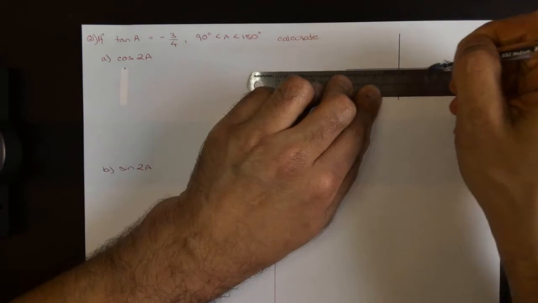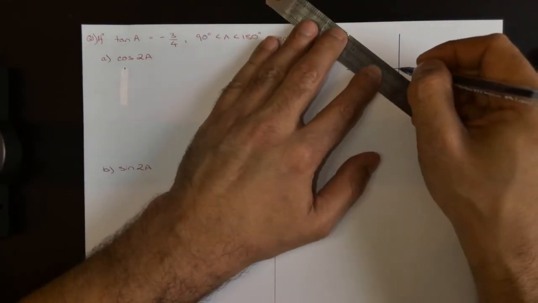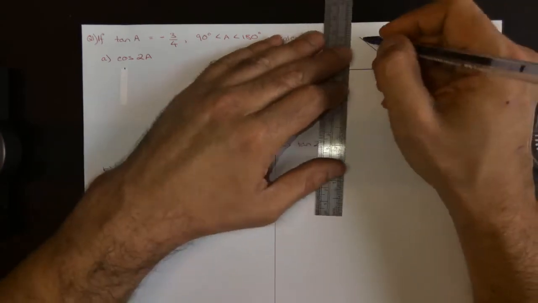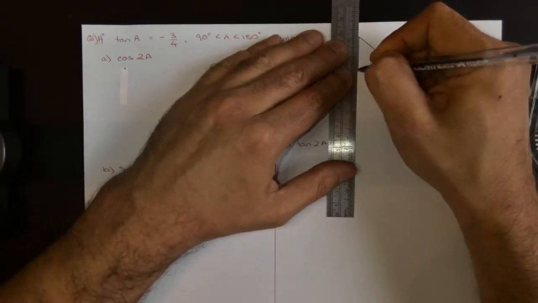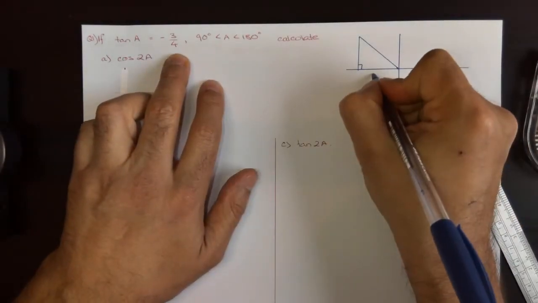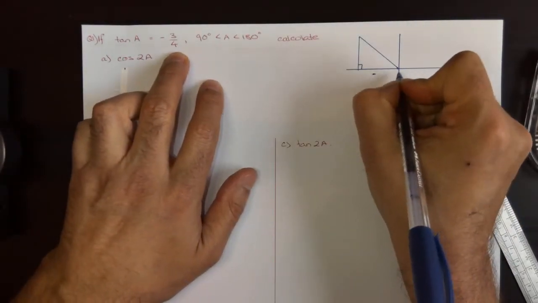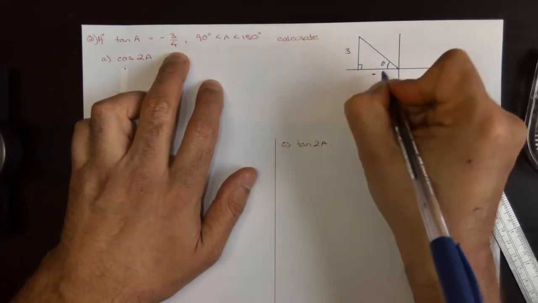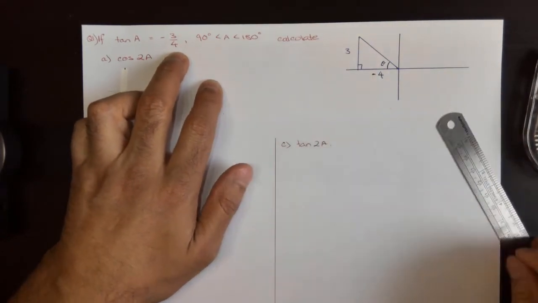We know it's in the second quadrant, so it's over here. It is negative, so tan, there's your theta, is opposite over adjacent.